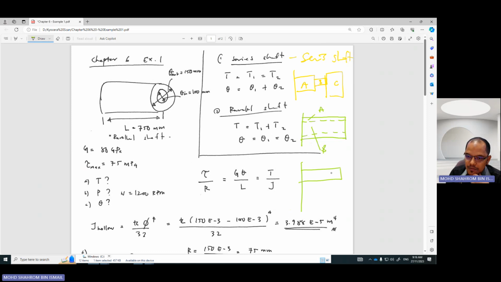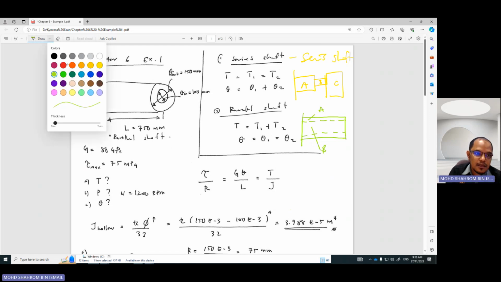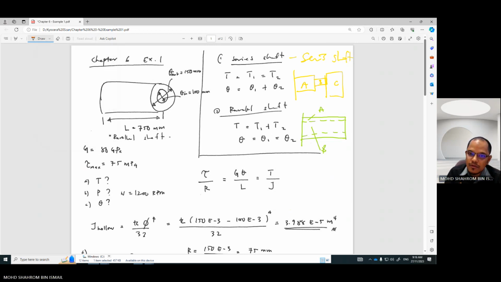Satu, we got one shaft A, and then we got B shaft. And then they attach together. Ni jarang nampak lah. Biasanya yang ni. Okay. Biasanya yang ini. Masing-masing ada kelebihan dan masing-masing got their own advantages and somehow of course their own limitations.